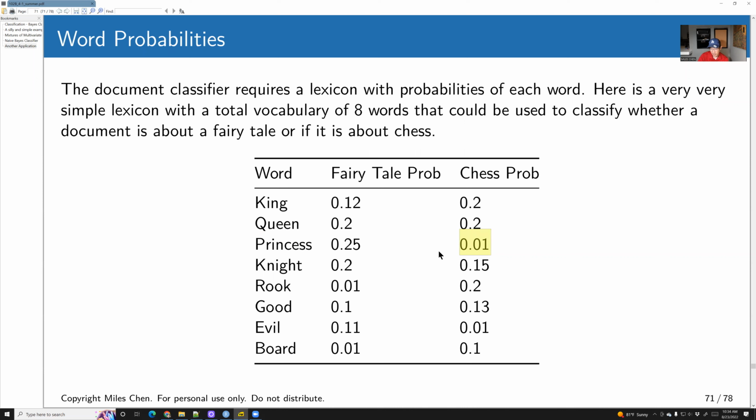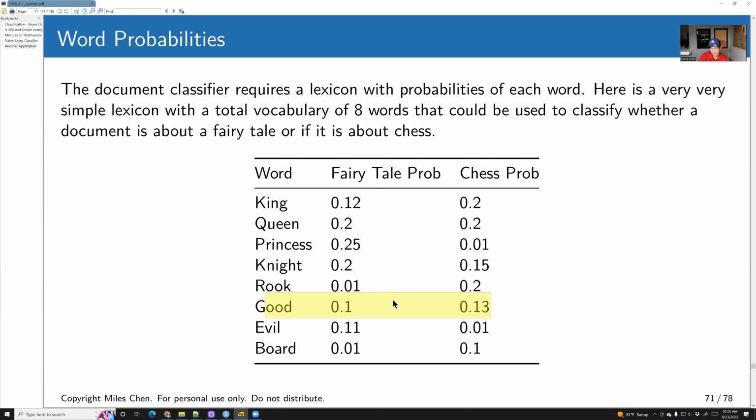I don't know, right? Knight is a word that shows up a lot in fairy tales and also a word that shows up a lot in chess, whereas the word rook shows up more in chess and not very often in fairy tales. Okay, maybe good could show up in either, right?